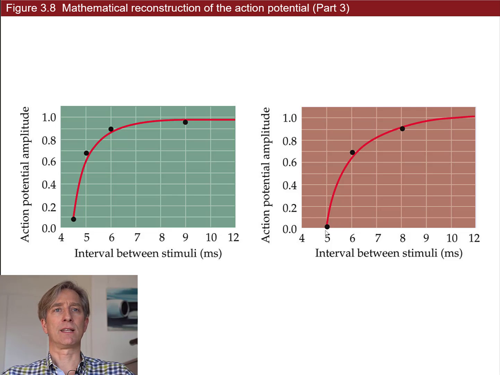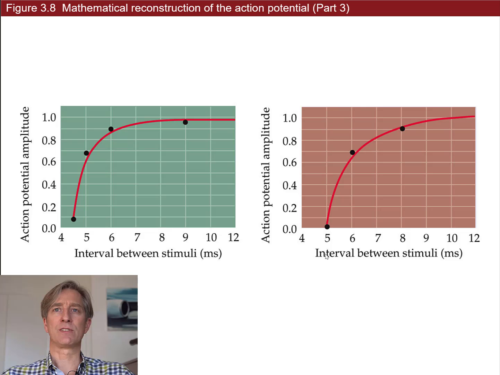I should note that this recovery time of 4 milliseconds applies to the squid giant axon, but for the neurons of the vertebrate central nervous system, like cortical neurons in mammals, the recovery time is much faster, on the order of 1 millisecond. So as a rule of thumb, cortical neurons do not fire more than 1 kilohertz. It's impossible because of the refractoriness of the sodium channel.